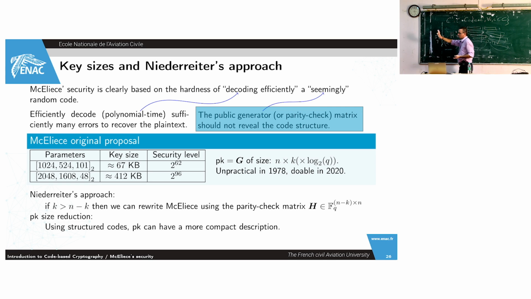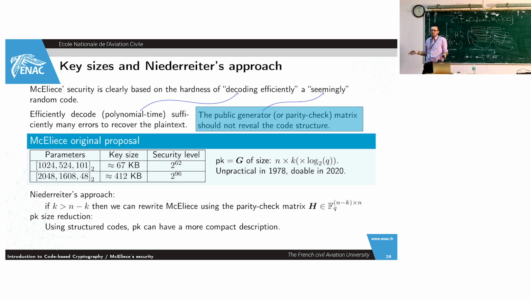Anyway, if you want to use the McEliece approach, use binary codes. For the moment, they seem to be safe. Maybe at some point we will find out that they are not safe. Can you distinguish binary Goppa codes from random codes?